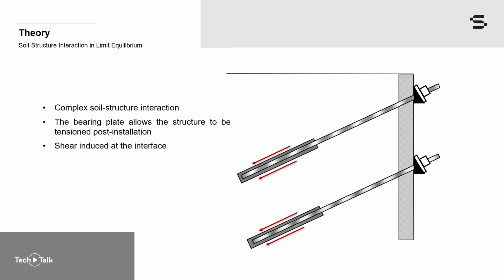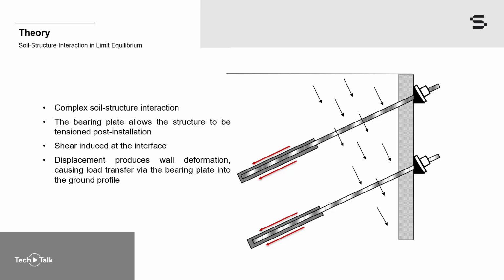Similarly, deformation behind the wall, as shown here, will transfer load onto the wall. Any bending or shearing in the wall will cause the bonded length to pick up load as it's transferred via the bearing plate through the free length.